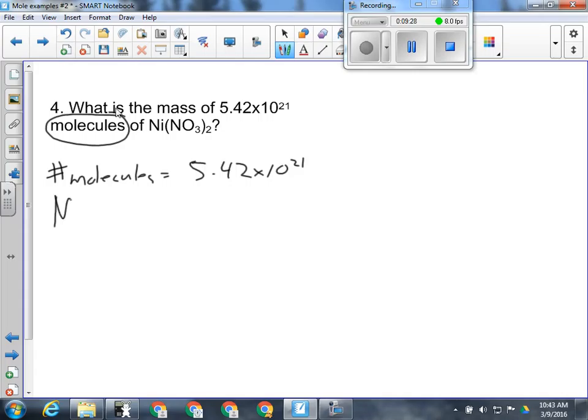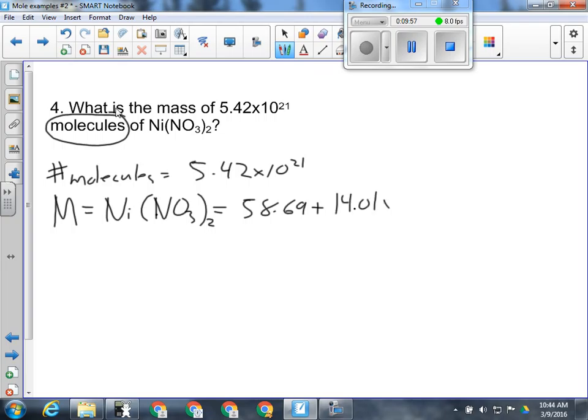Well, we have the ability to calculate big M because we know that this is nickel(II) nitrate. For nickel, we got 58.69, and there's only one of it. We got how many nitrogens? 2. This 2 only applies to what's in brackets, right?